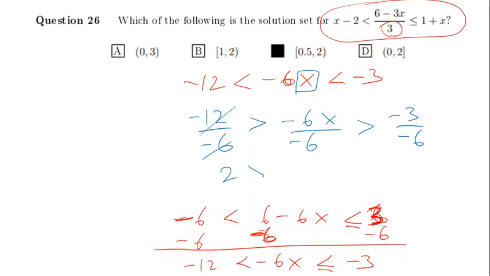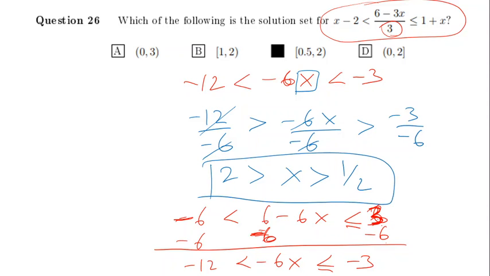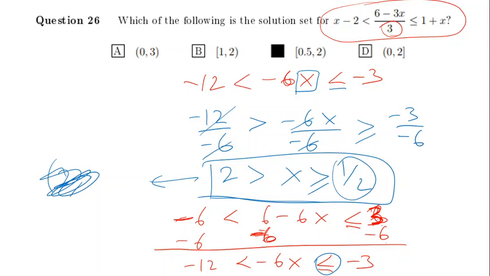This makes 2, this makes x, this makes 1 over 2. I forgot the inequality part again. The smaller one always comes first on the left. So it's 1 over 2, x, 2. It's this.